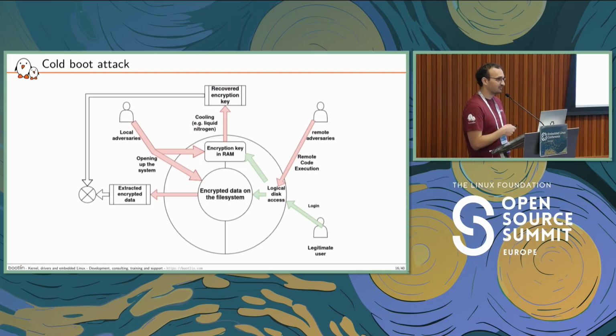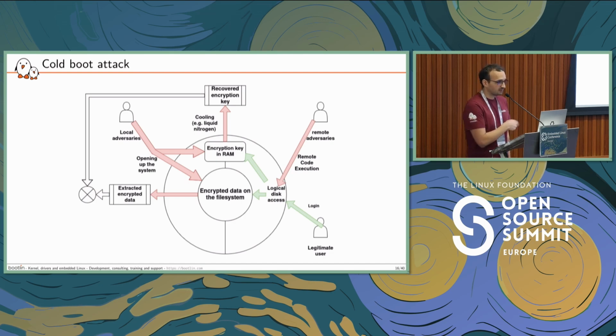And that means that if I get at your system while it's running, I can take your RAM, put it in liquid nitrogen, and that's going to prevent the data from dissipating and from erasing itself too quickly. And then I can potentially dump it, recover the encryption key that is somewhere resident in there.